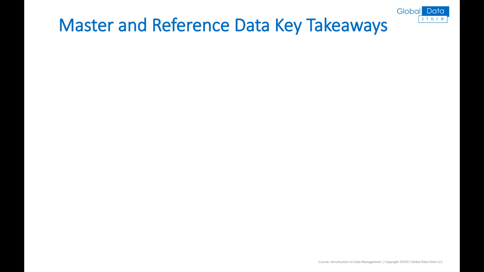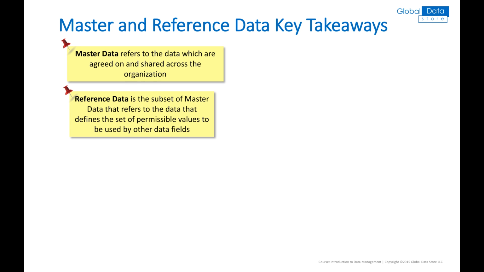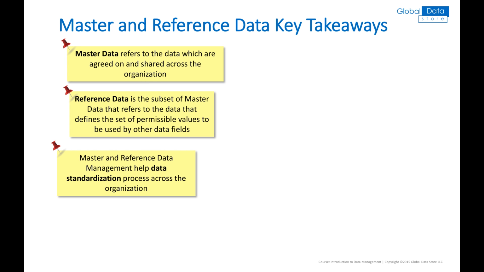Before we complete master and reference data capability, let's make key takeaways. Master data refers to the data which are agreed on and shared across the organization. Reference data is the subset of master data that refers to the data that defines the set of permissible values to be used by other data fields. Master and reference data management help data standardization process across the organization.